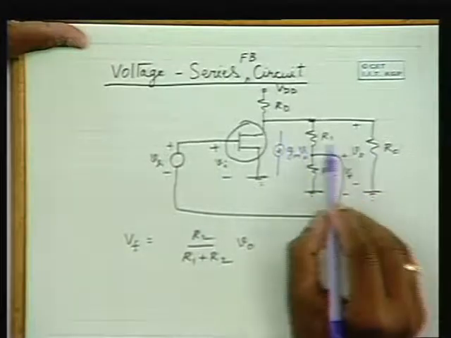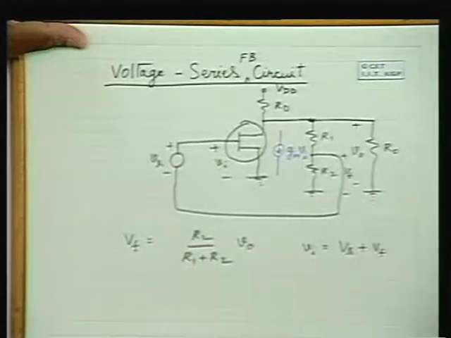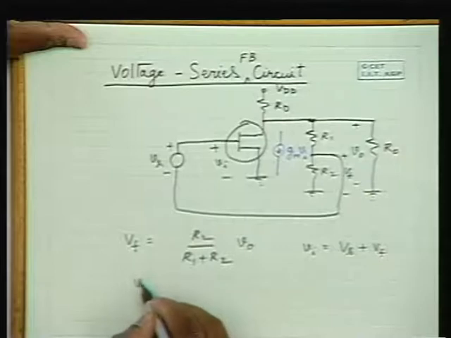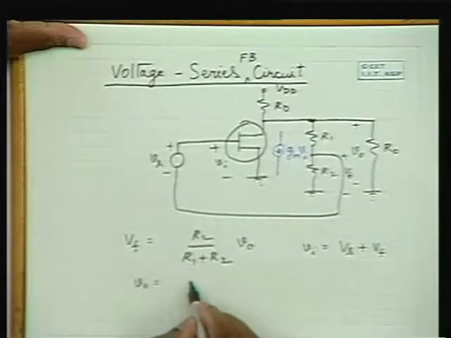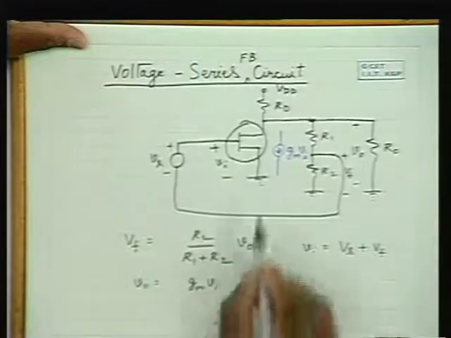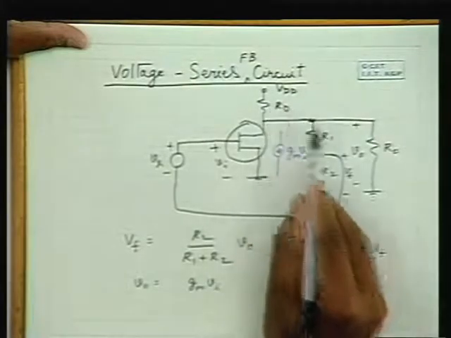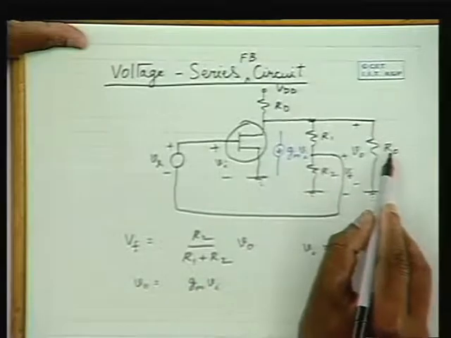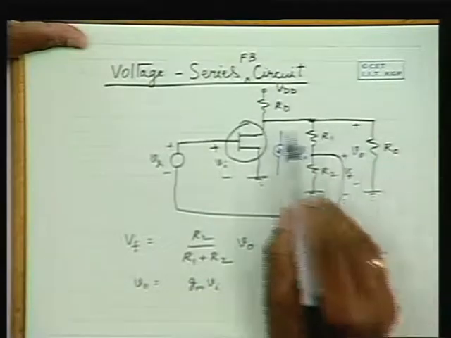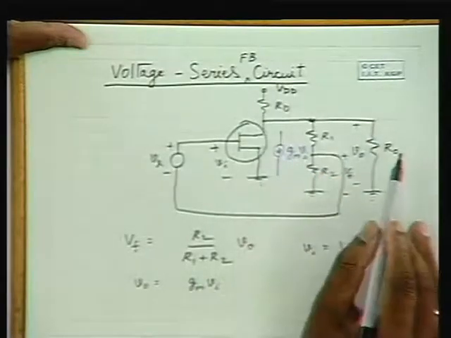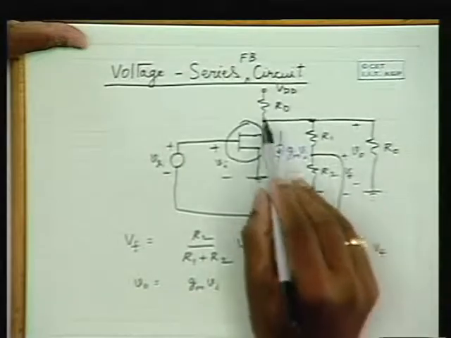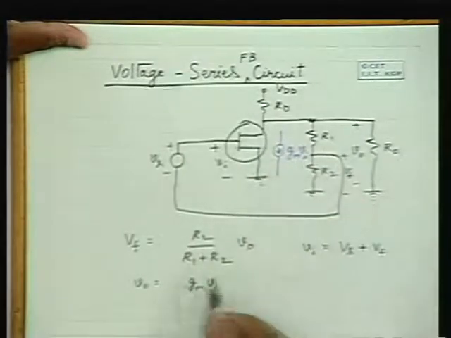Now the output voltage V0 is this Gm into Vi into the parallel combination of Rd, R1, R2 and R0. So let us call the whole thing RL. So this current is flowing through this RL in the opposite direction.